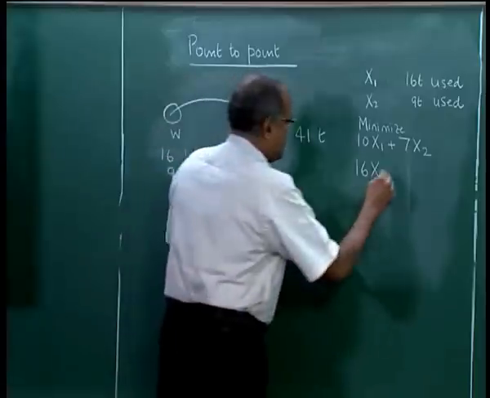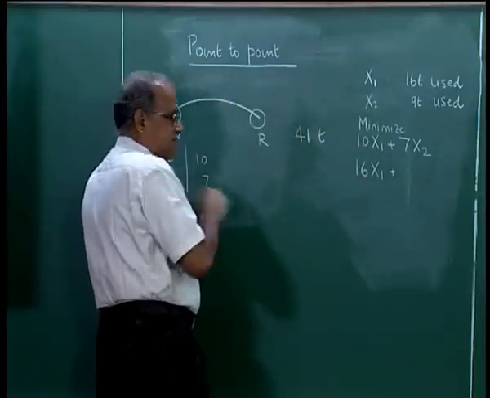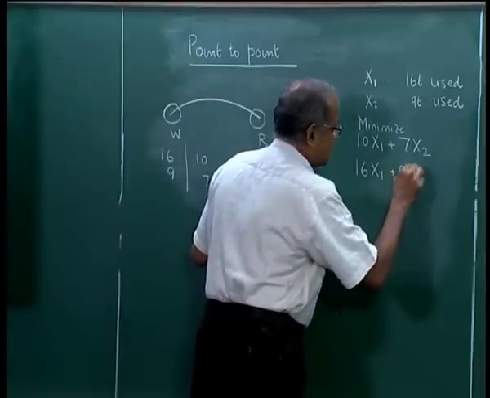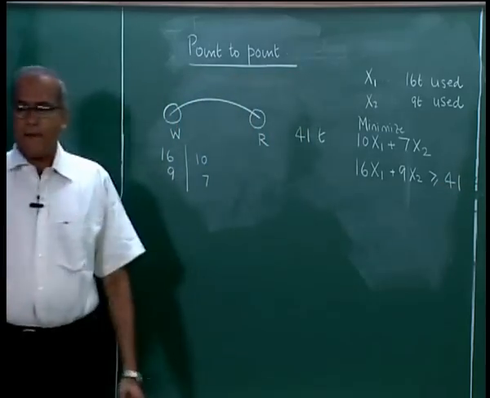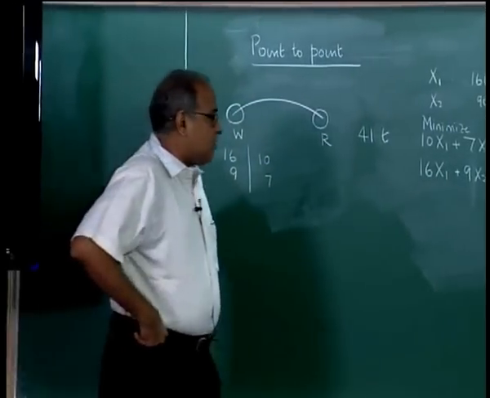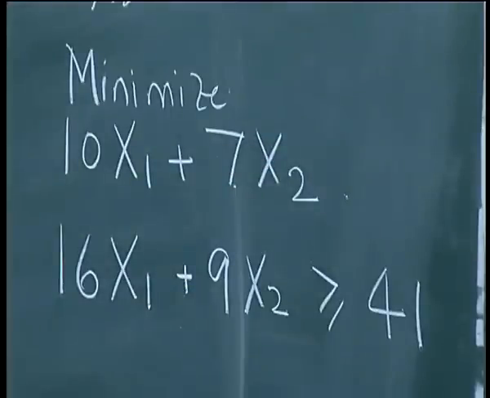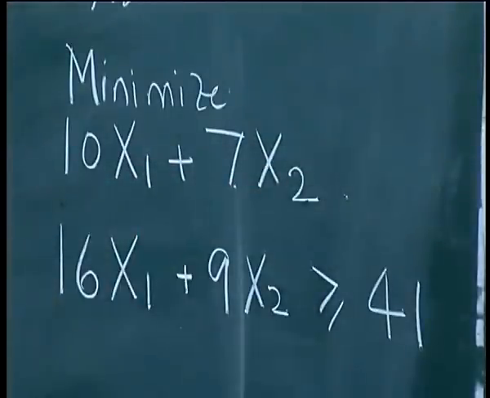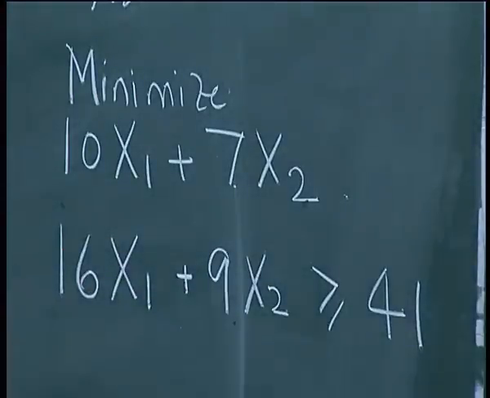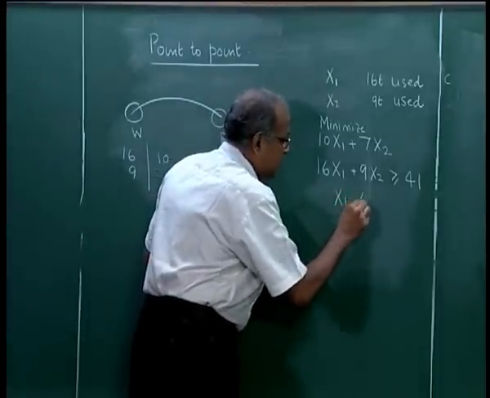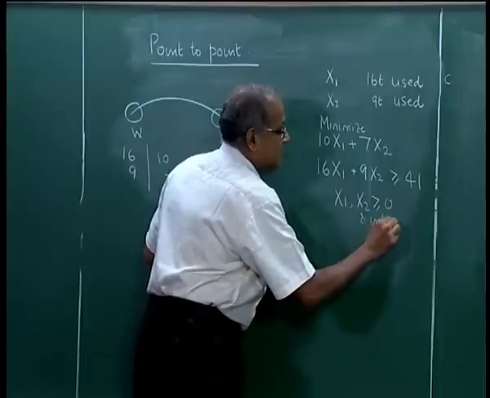If I use x2 trucks of this type, I can carry 9x2, and the total is greater than or equal to 41. So, the problem is to find out x1 and x2, that minimizes 10x1 plus 7x2 subject to 16x1 plus 9x2 greater than or equal to 41, x1, x2 greater than or equal to 0 and integer.